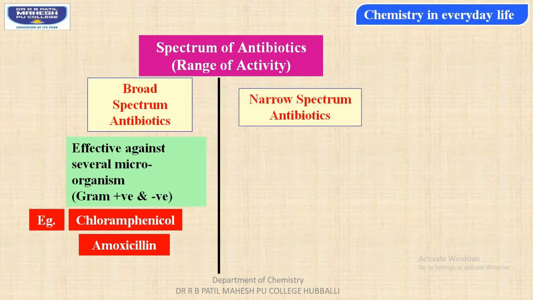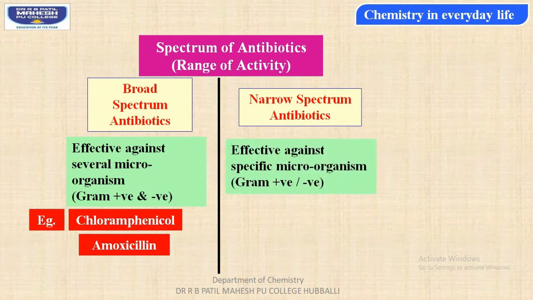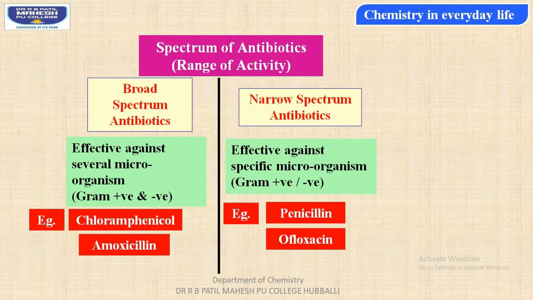And the second type is narrow spectrum antibiotic. These are effective against a specific microorganism. So students, it can be either gram-positive bacteria or else gram-negative bacteria. For example, penicillin and ofloxacin.